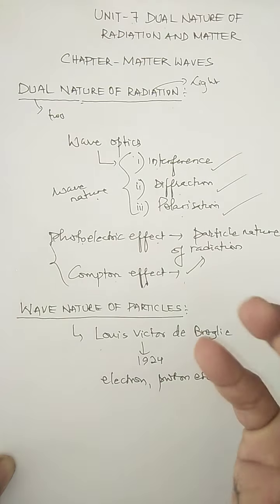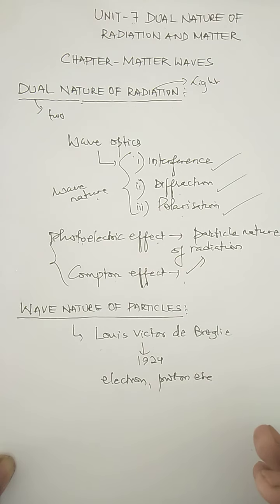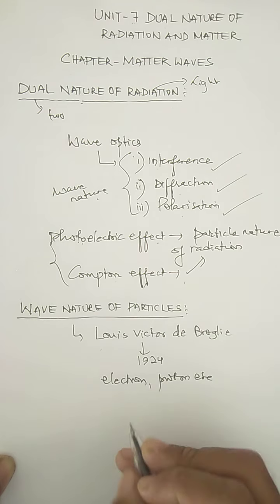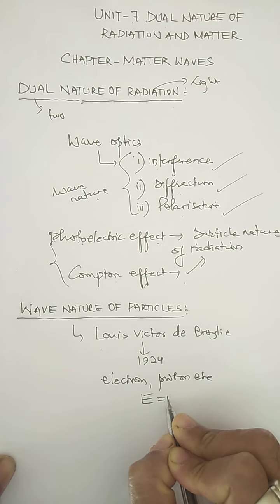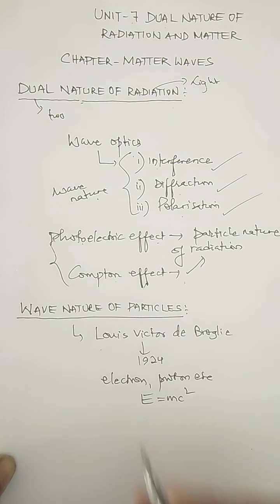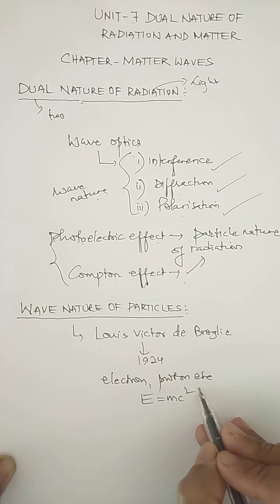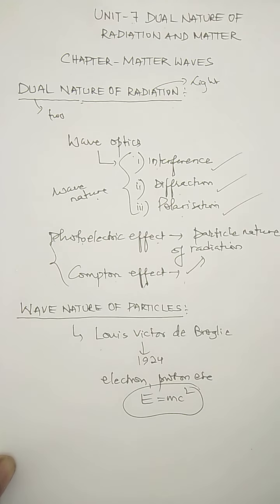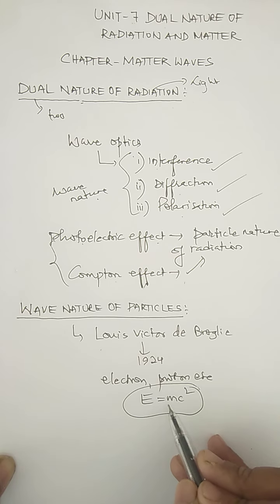That means every matter produces radiation also. That's why, in this concept, Albert Einstein also formulated one of the famous equations, E equals mc square. Children, you will learn in detail about E equals mc square in the next unit. A very famous equation: the energy possessed by any mass is given by E equals mc square.